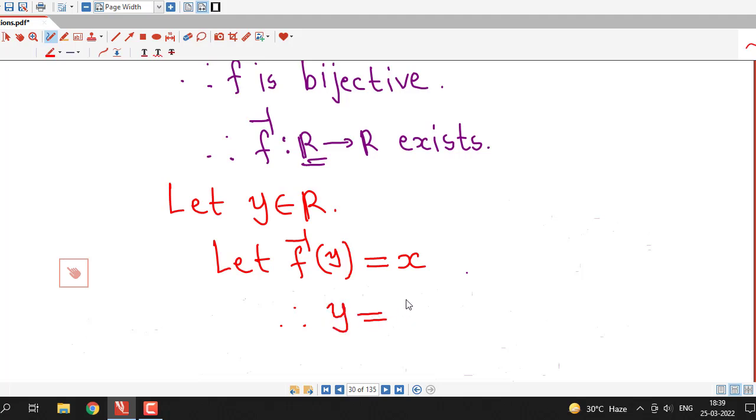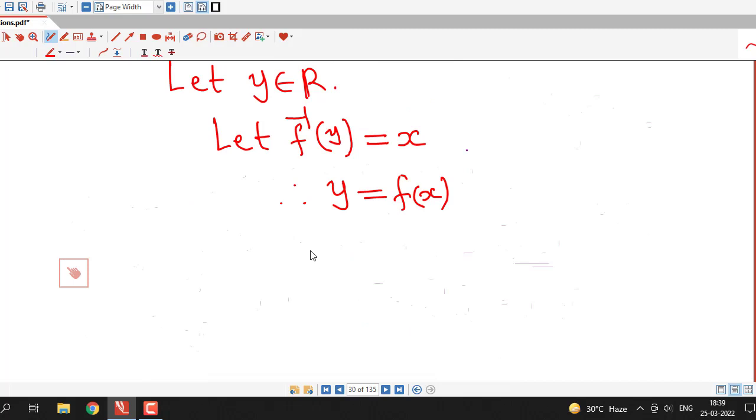This gives me y equals f(x) by the definition of inverse. We know that if f(x) equals y, then x equals f inverse y. So therefore y equals x cube minus 2. We are interested in the value of x.